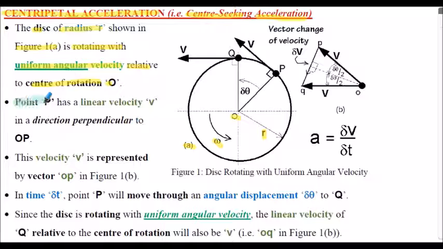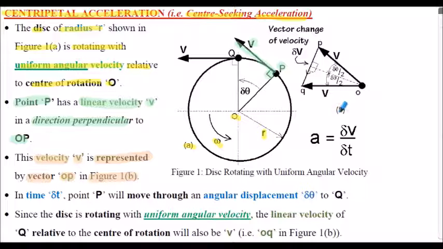Point P, shown here, has a linear velocity labelled v, and this velocity's direction is perpendicular to line OP. So the velocity here is perpendicular to the line OP shown here. It's a right angle shown there. Velocity v is represented by vector OP in figure 1b.